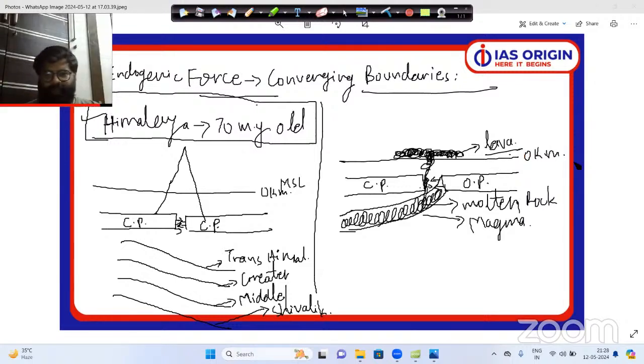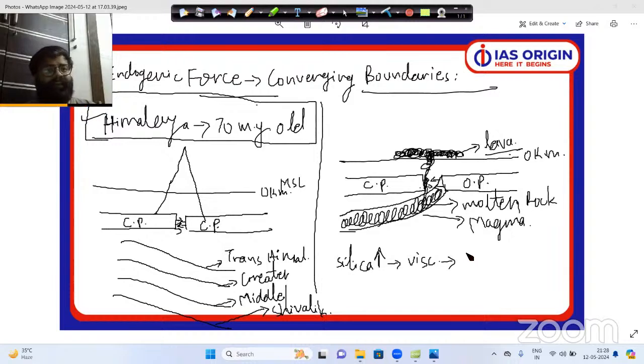Now just understand this point, that the lava which has come out of the surface, imagine the quantity of silica is very high here. So the viscosity, that is what we say in Hindi, gadhapan, of this lava will also be very very high.